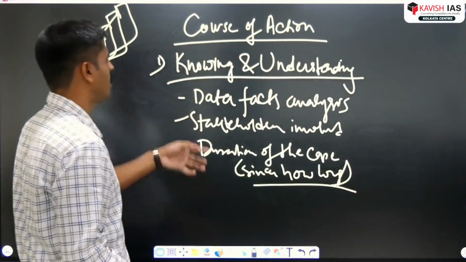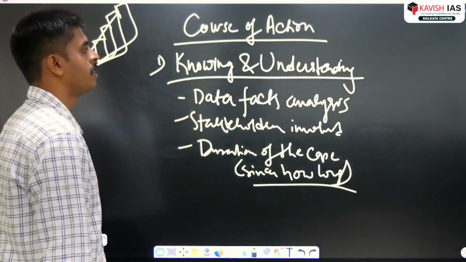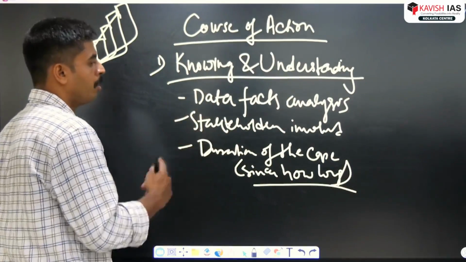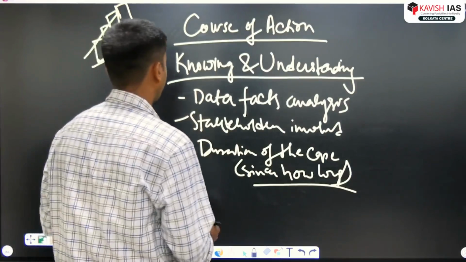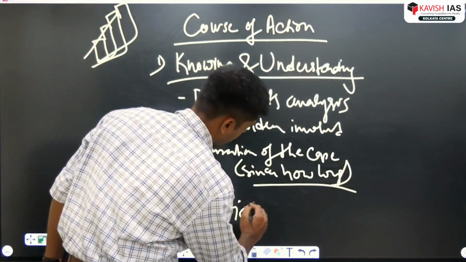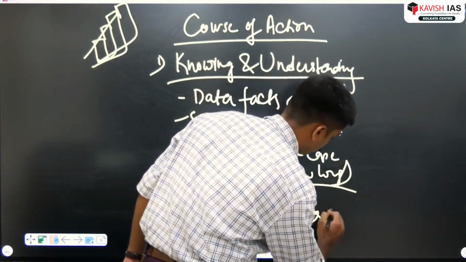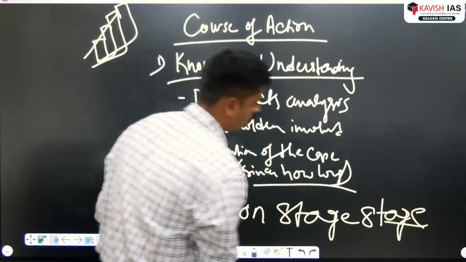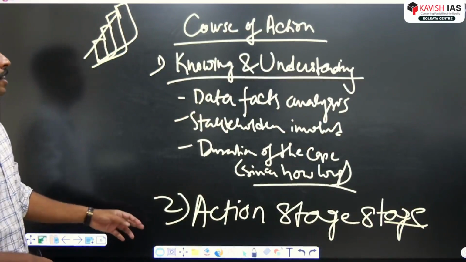So these are the things that primarily comprise the knowing and understanding part. After going through these things, you will frame your course of action, right? So then comes the action stage.